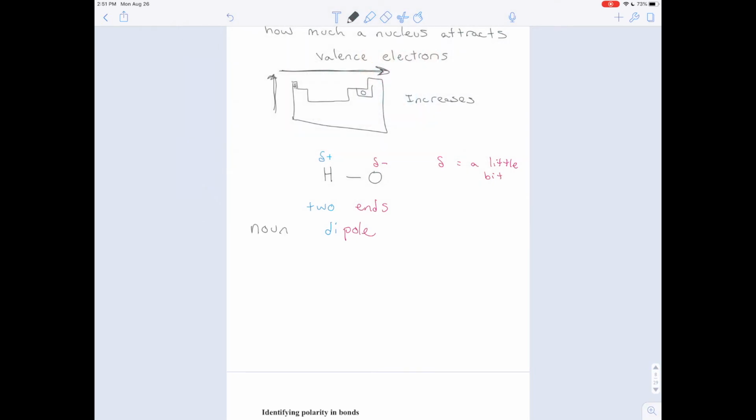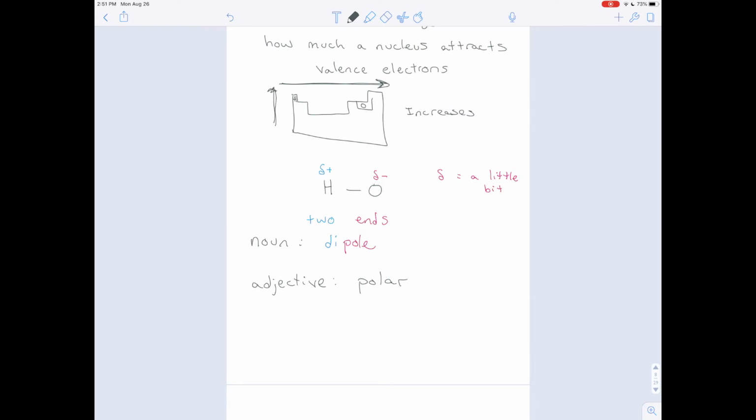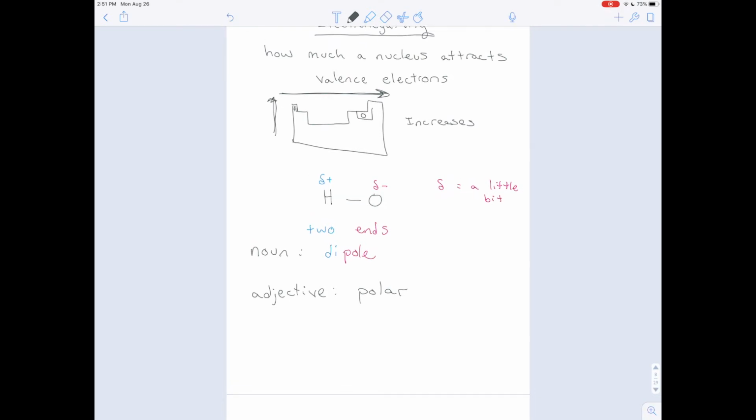As a noun, that's a dipole. If you want to describe this bond with an adjective, you would say that bond is polar. It has ends. It's endy. And so these polar bonds are places where you have partial negative and positive charge. You create them because of big differences in electronegativity.